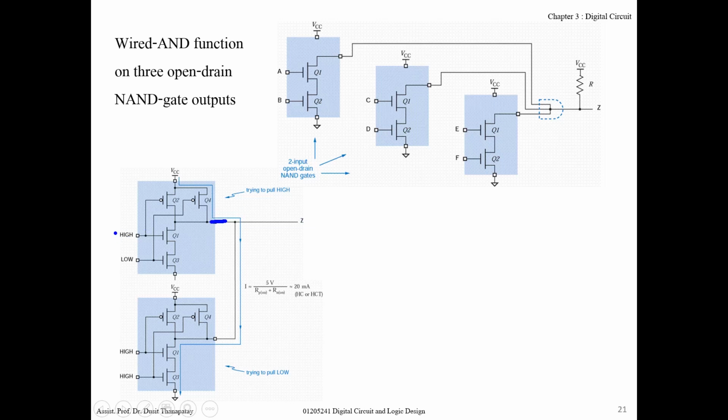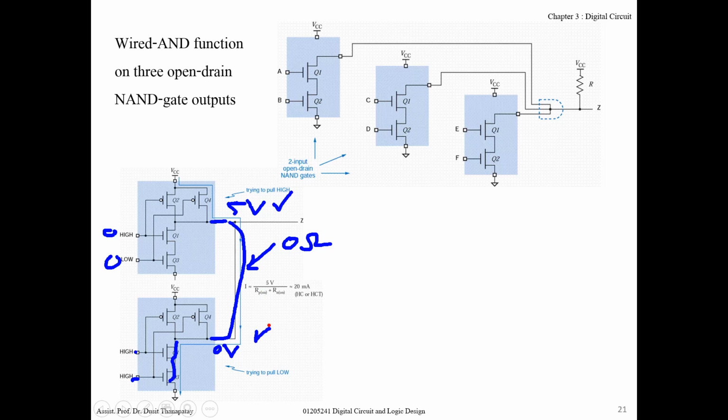If I apply some value here and make the output become 5 volt, and this one makes the output 0 volt, connected directly together, the wire has very low resistance, near 0, and the voltage difference is just a little bit.